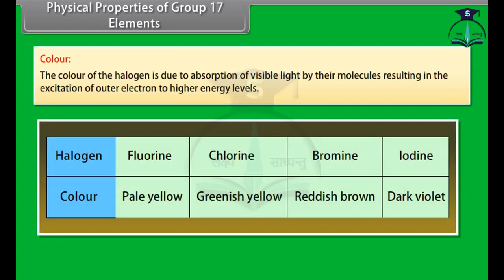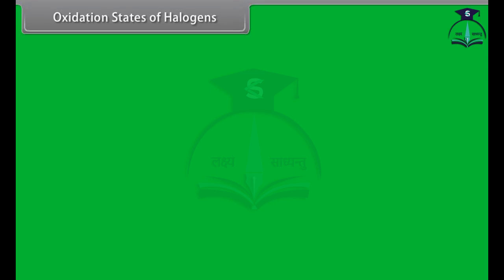Color. The color of the halogen is due to absorption of visible light by their molecules, resulting in the excitation of outer electron to higher energy levels. The color deepens down the group. Oxidation states of halogens.